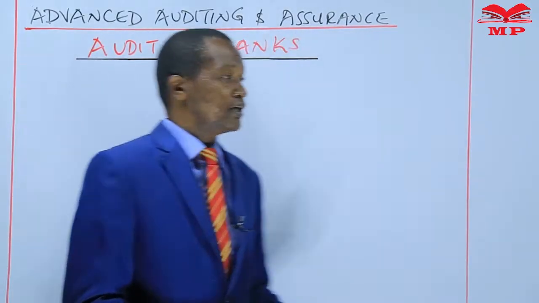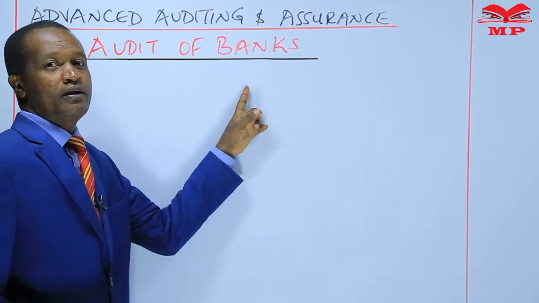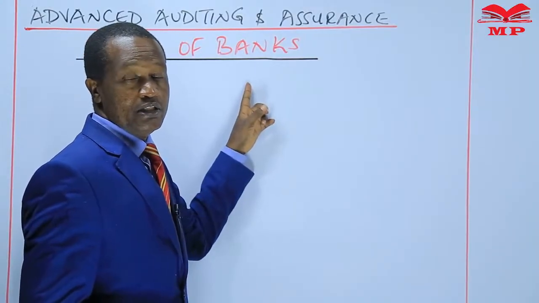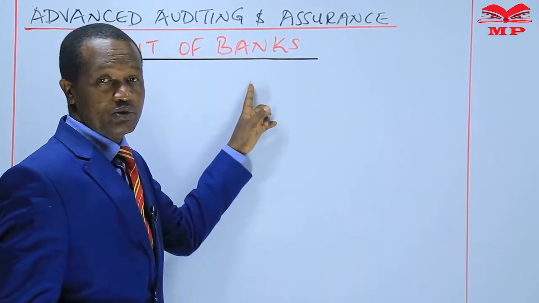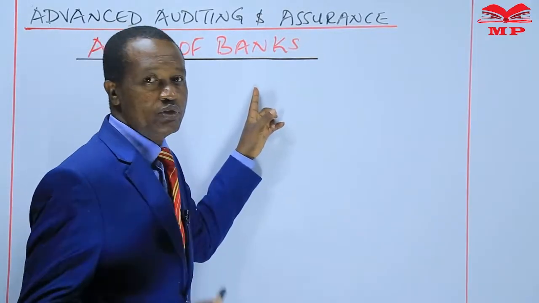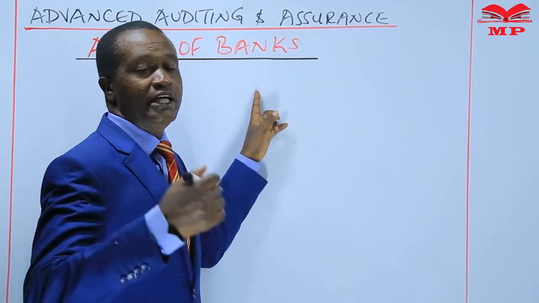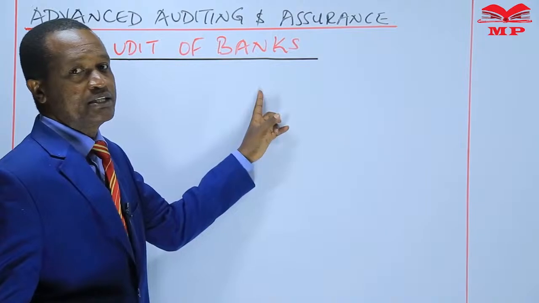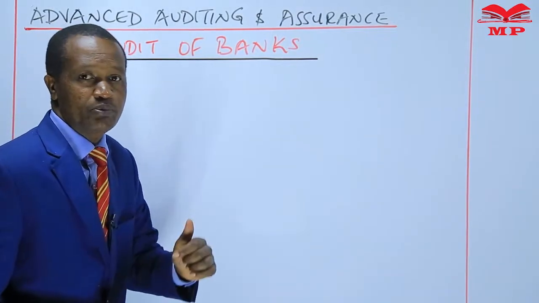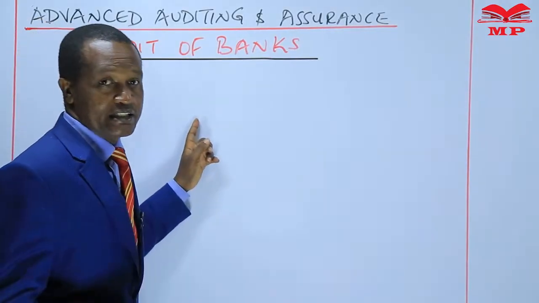By the end of this study on the audit of banks, it is expected that you will gain knowledge and skills to enable you to undertake audit and assurance engagements which are in compliance with the regulatory frameworks and international auditing standards.